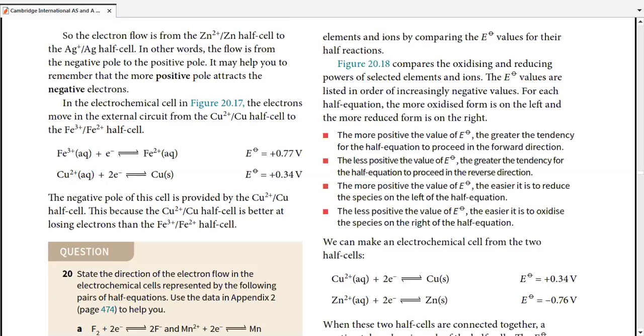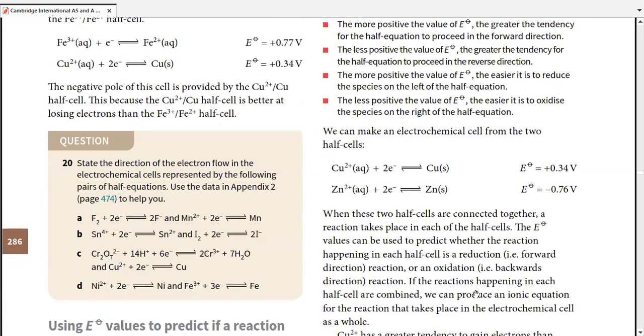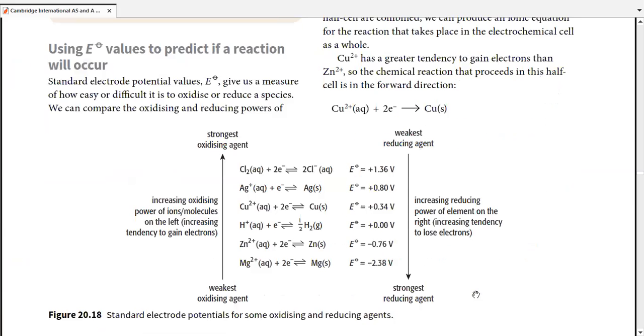The figure at the bottom of this page, we'll get to that figure. But before we go over there, the E naught values are listed in the order of increasing negative values. For each half equation, the more oxidized form is on the left and the more reduced form is on the right. Okay? So increasing negative from a higher positive value all the way to a higher negative value.